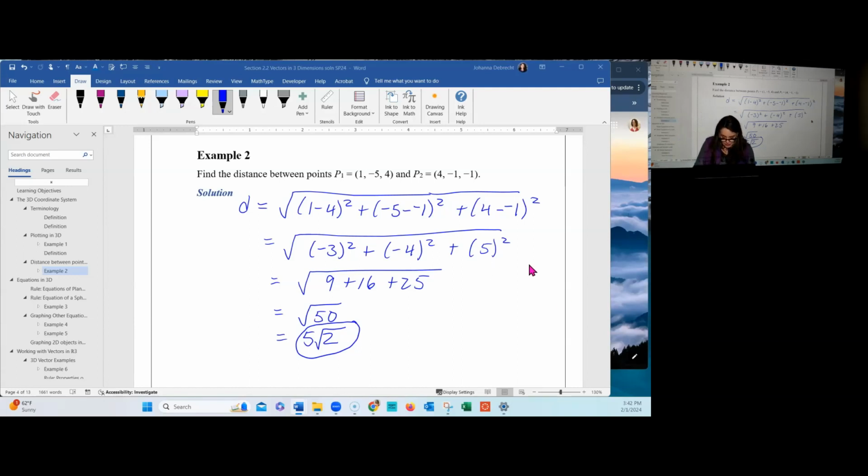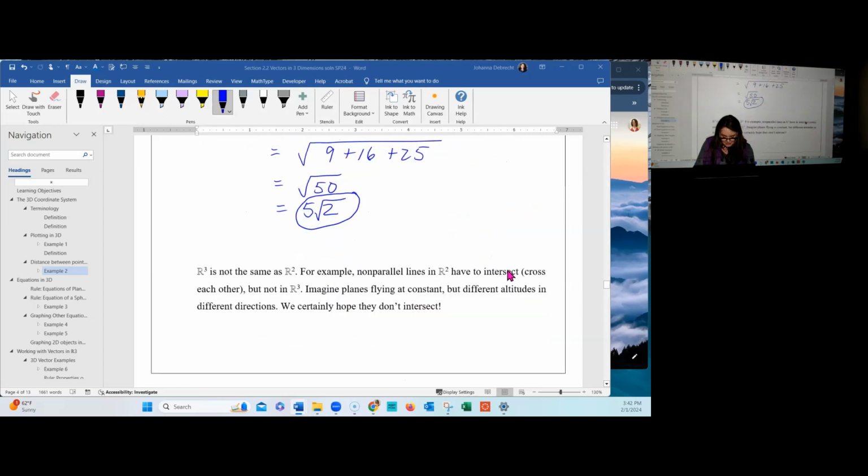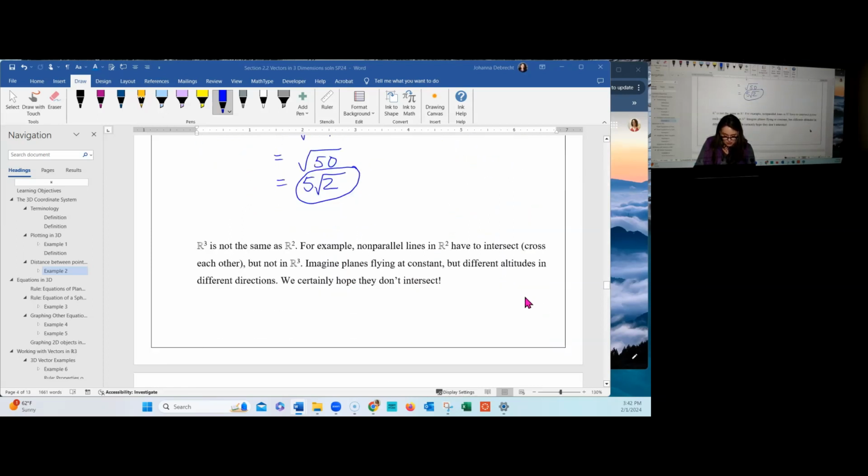So now we want to go ahead and talk a little bit about equations. And the thing to realize is that R3 is not the same thing as R2. In R2, you're in 2-dimensional space. You have 3 possibilities for lines to interact with each other. The 2 lines could be parallel, in which case they never touch and never cross, so they're parallel.